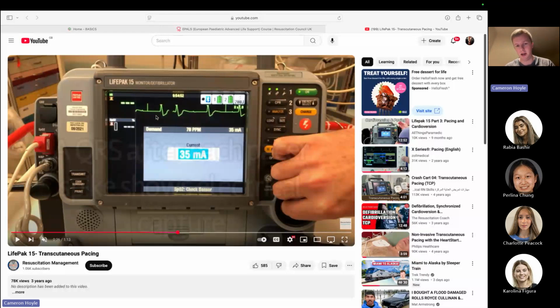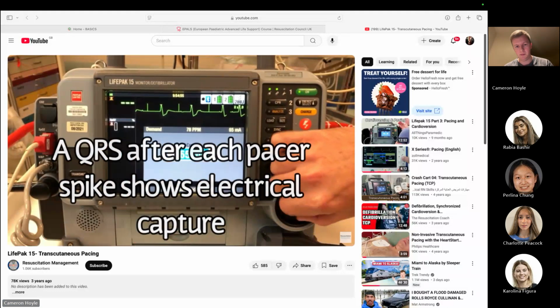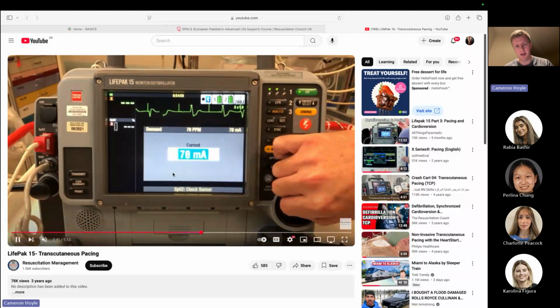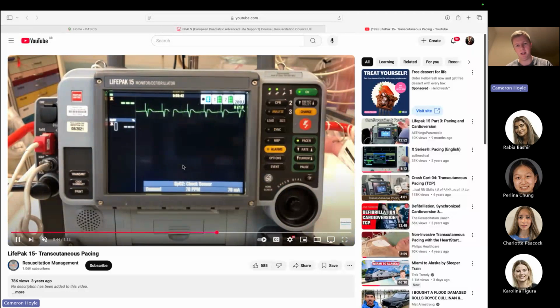So you can see it currently when we're sitting at 35 milliamps. This is a pacing line, and it doesn't have a QRS complex associated to it. So then we need to increase the amplitude of the pacing. So you can see if you take it up to 70 milliamps on this patient, you're then getting capture with every single beat.